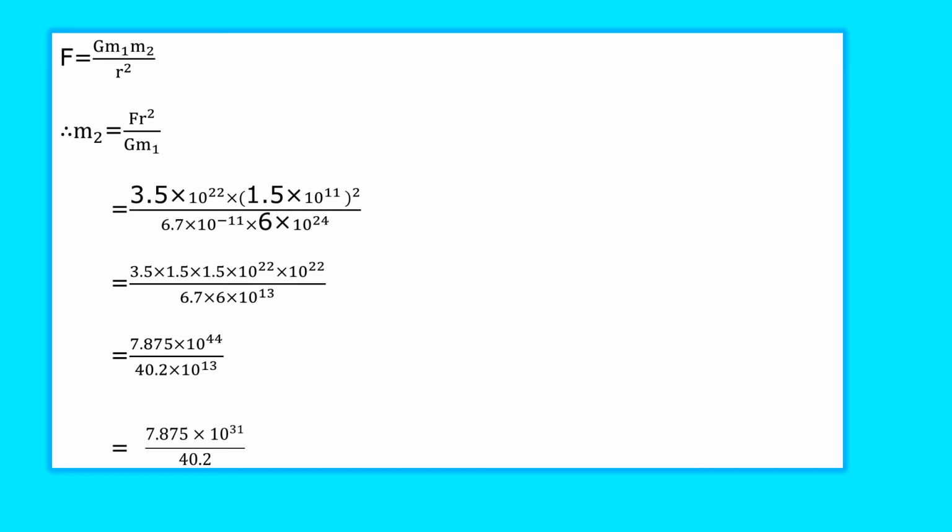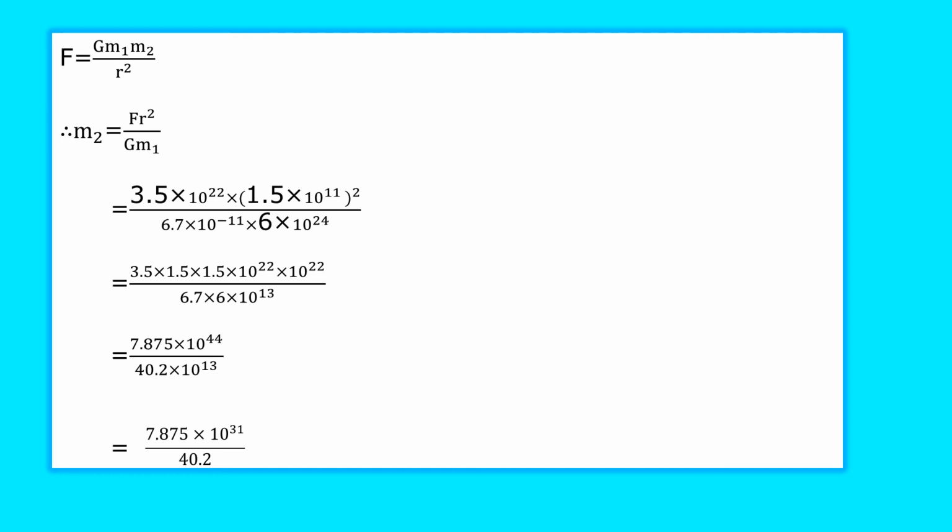Now we have to write the 10 raised to terms together. So it is equal to 3.5 into 1.5 into 1.5 into 10 raised to 22 into 10 raised to 22 upon 6.7 into 6 into 10 raised to 13.